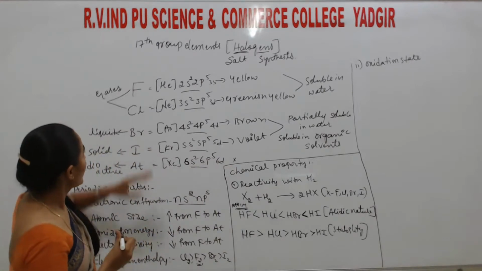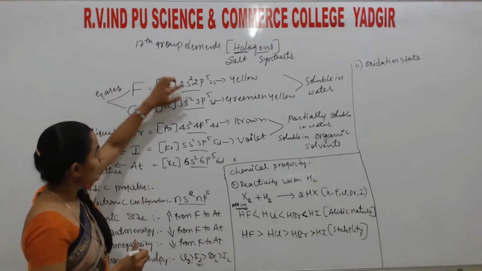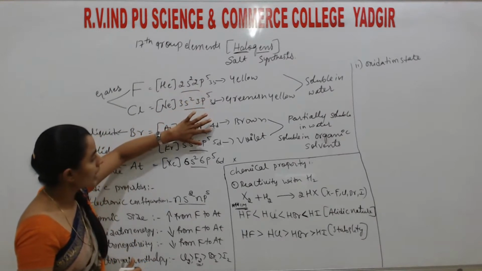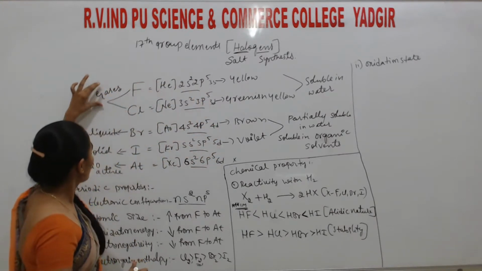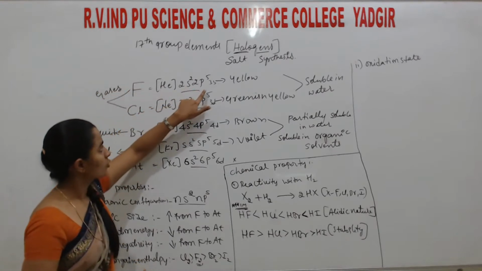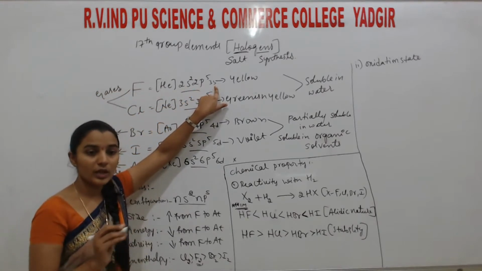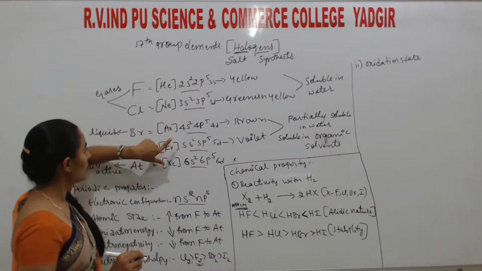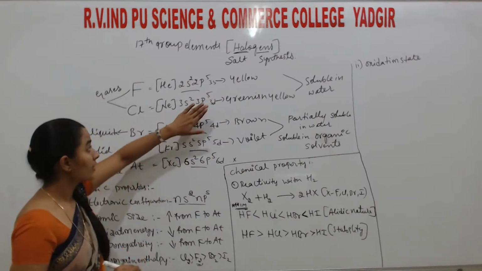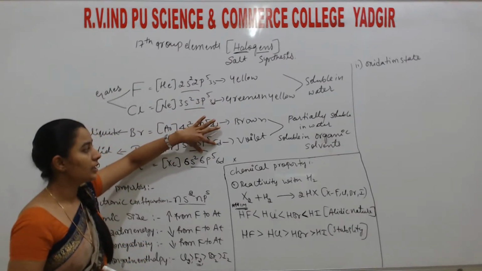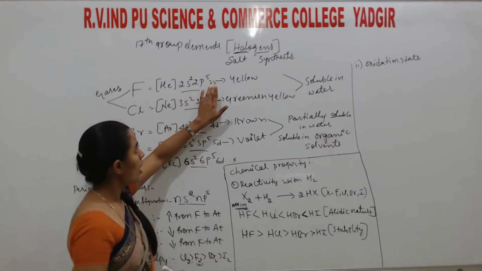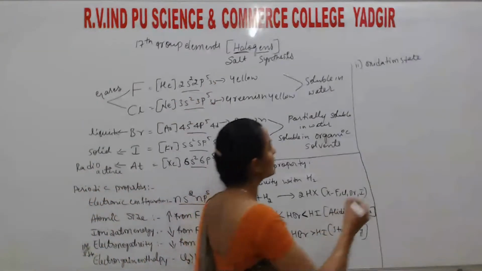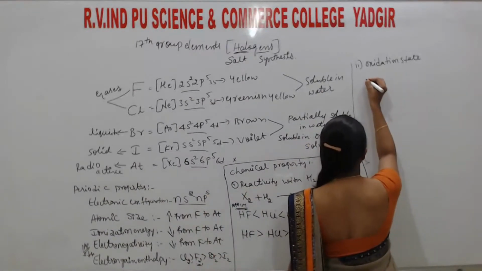So here, except fluorine, each and every atom has a d orbital. Except fluorine, after 2s 2p, there is no d orbital. But from chlorine, bromine, iodine, astatine, the next orbital is the d orbital. Understand? So that's why, due to the absence of this, the oxidation state of fluorine is different.